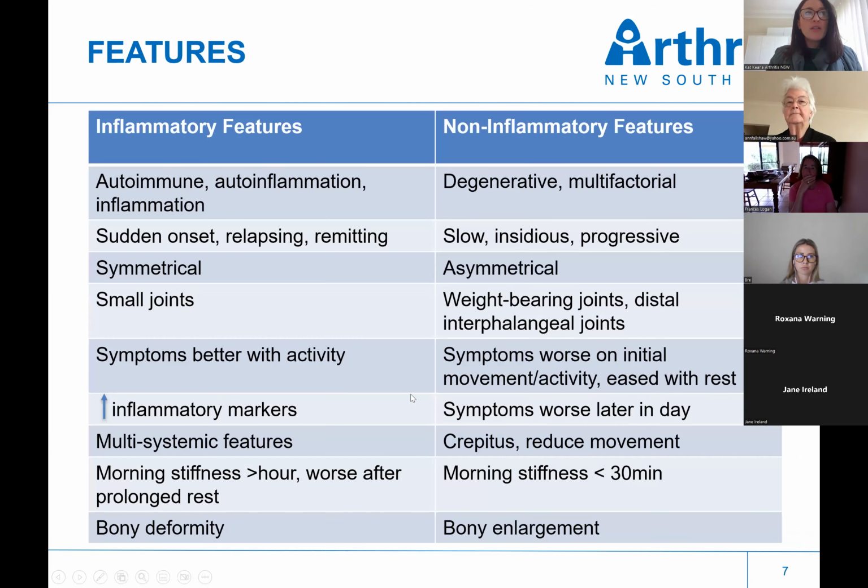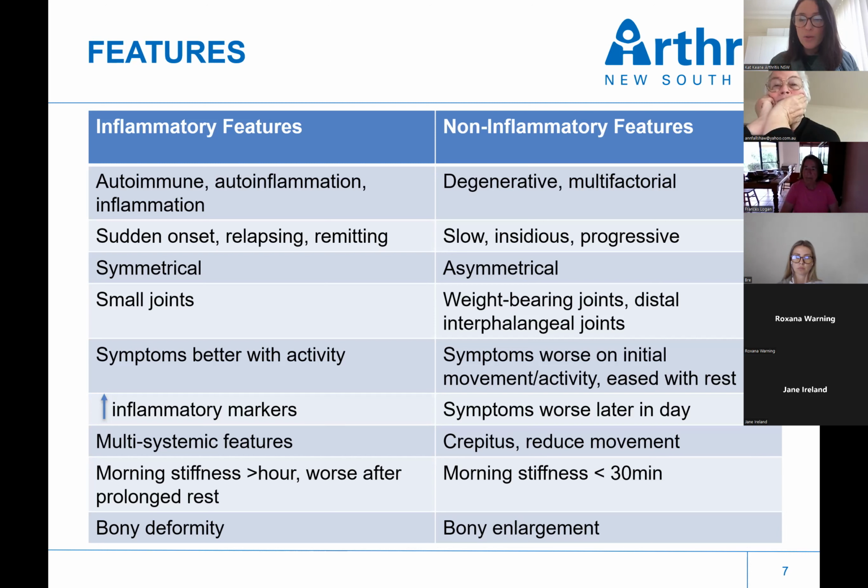In terms of the features and looking at the differences between inflammatory and non-inflammatory conditions, if you're dealing with a form of arthritis you may already be very well aware. The inflammatory features, as just mentioned, are categorized by an autoimmune and/or autoinflammatory type of condition. Because of that autoimmune nature, the onset is fairly sudden, often relapsing and/or remitting.